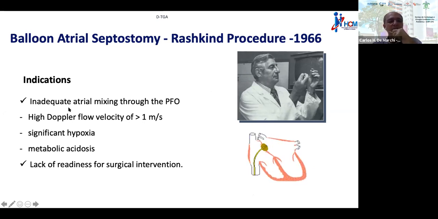Okay, indications: inadequate atrial mixing through the PFO. How can we diagnose this?